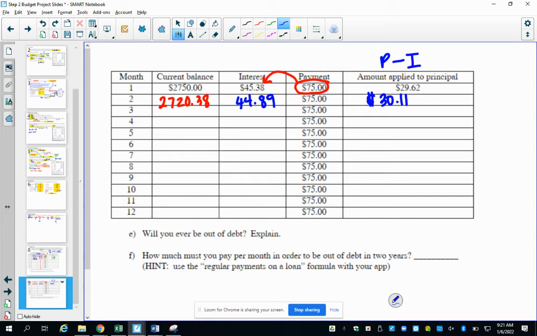So now we have 2,720.38 minus the 30.11. So now our new balance in the third month is $2,690.27 times the 0.0165 for your interest. So now the interest that month was $44.39.